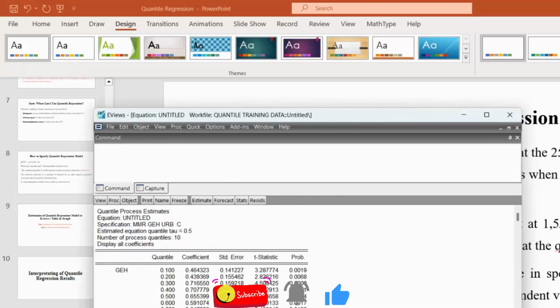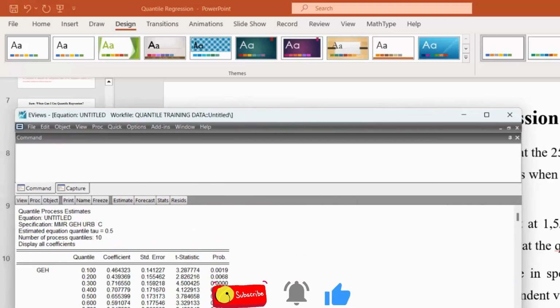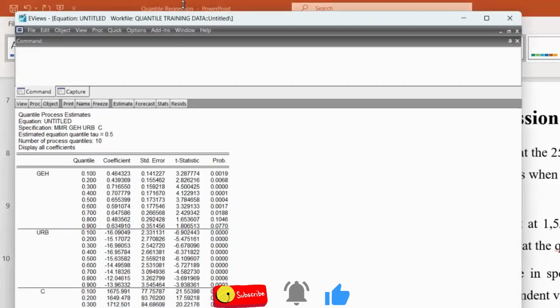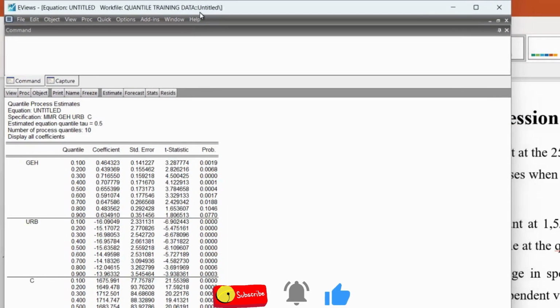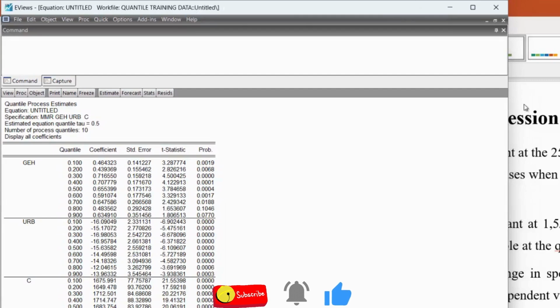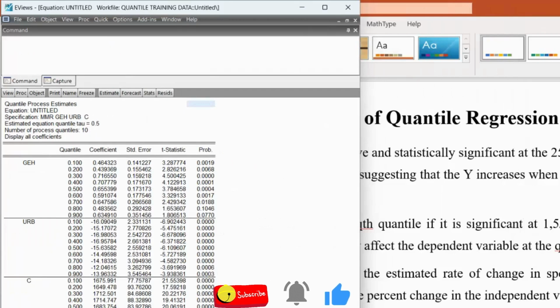So what you need to do now is to interpret your results, and that is very simple and straightforward. You just need to master the art. Once you know how to interpret it, you will not have any issue. So the first thing is to look at the results very well. You can see the first column we have quantile, the second column we have coefficients, third is standard error, and the next is t-statistics, and the last is probability value.